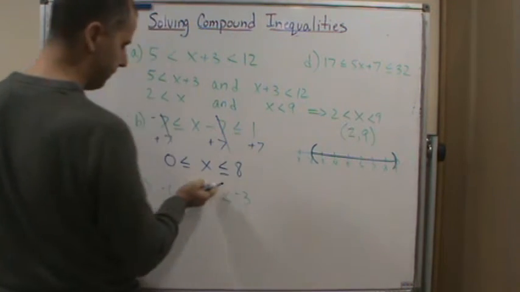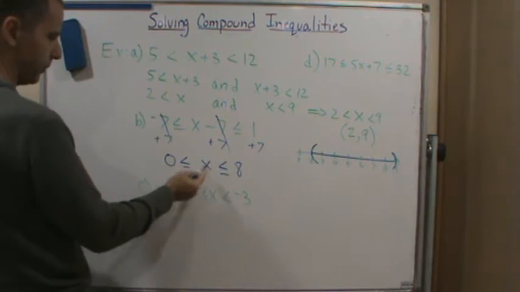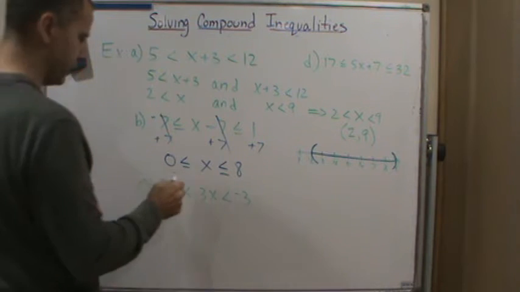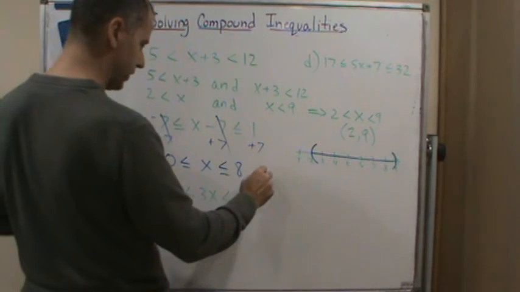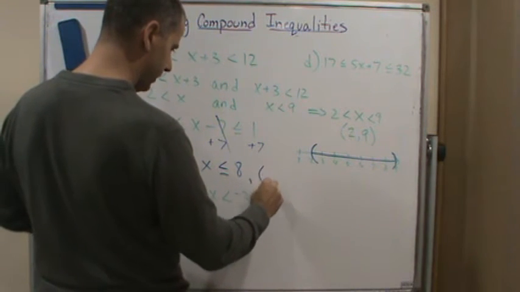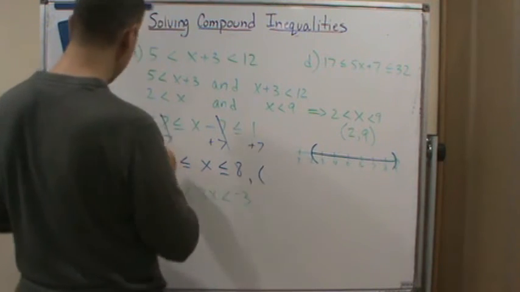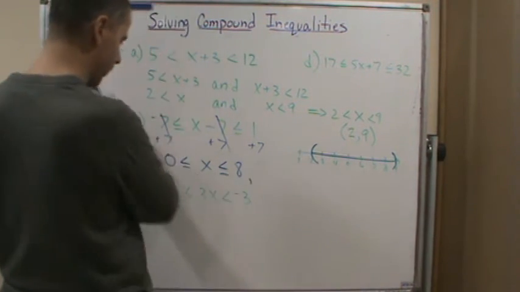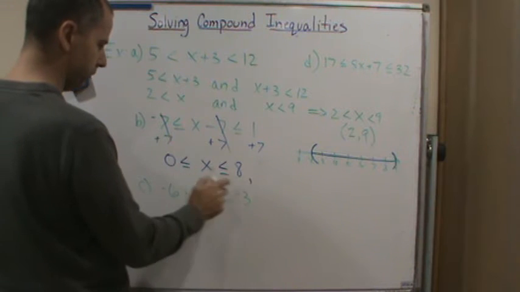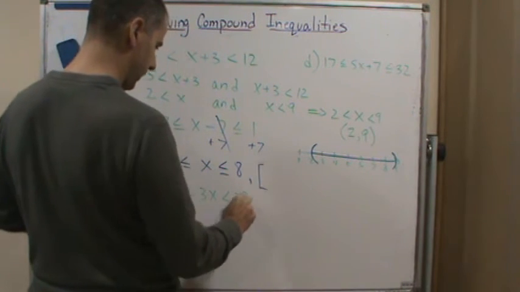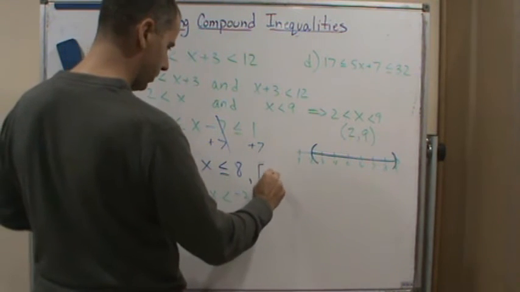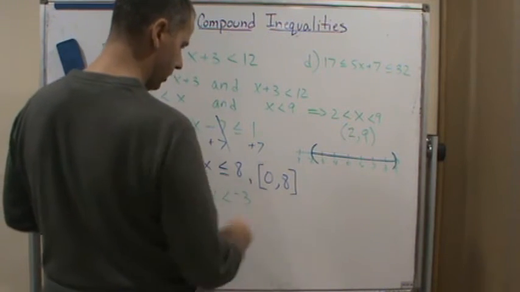So I end up in the same place, right? I end up with a compound inequality. And so again, in interval notation, this would be the same as, now I'm going to use brackets because there's an equal sign involved. So it's going to be 0, comma 8 with brackets.